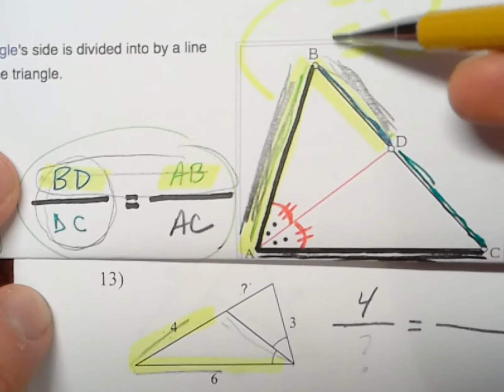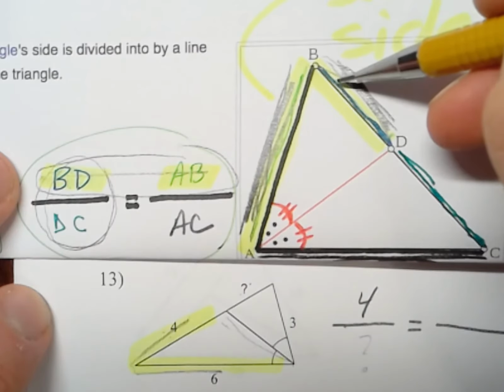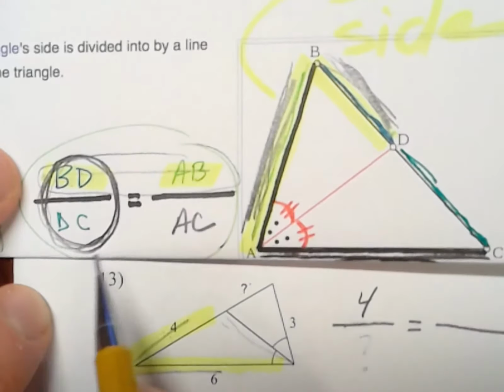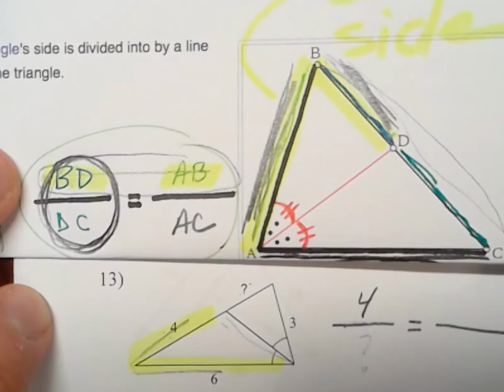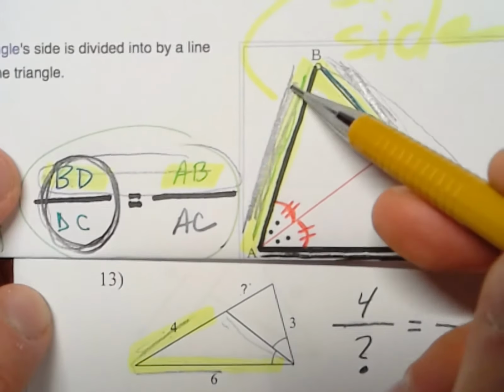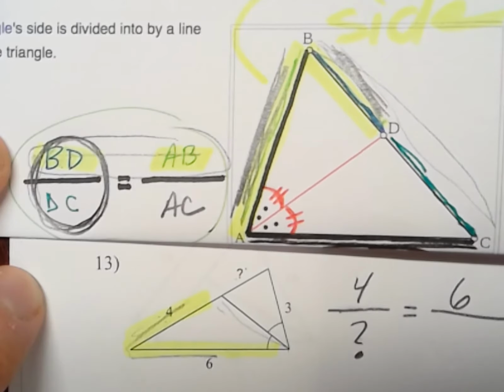I want to talk through this a little bit more before I jump into this. BD and DC are the result of splitting across this third side here. So this is 4, and this would be the question mark. And then the AB would be the 6, and the AC would be the 3.